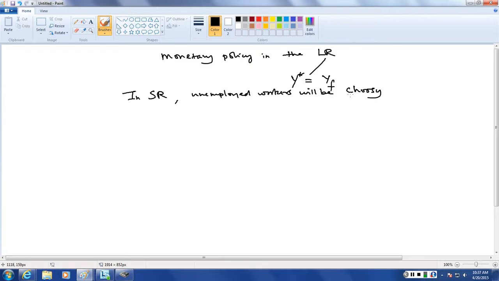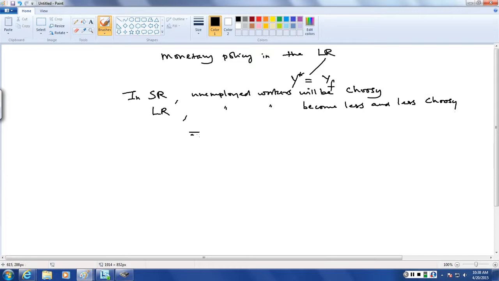But in the long run, as people remain unemployed for a long period of time, logically, they become less and less choosy. They become more and more desperate for employment, in other words. So this basically means that unemployed workers become less and less choosy.